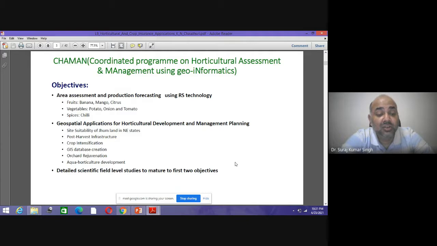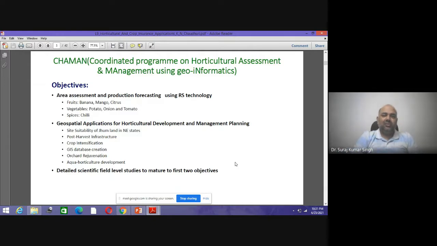Various database creation is required, and all such data will be displayed in web form through WebGIS. Any person sitting in Tamil Nadu or Kerala, if I'm an investor, an entrepreneur, or doing a business, as well as the government, can access it.